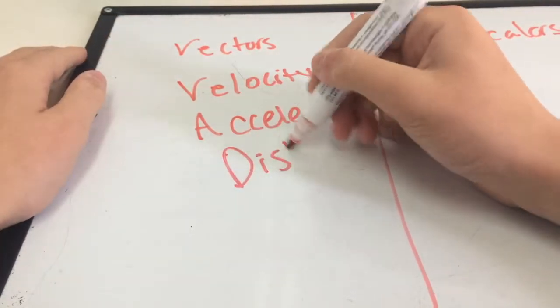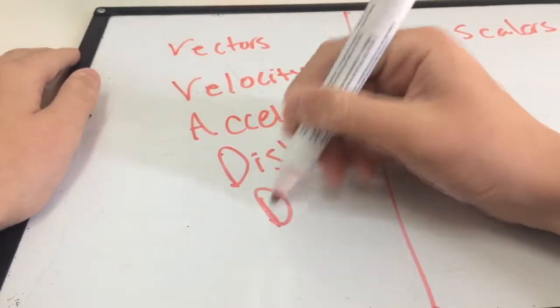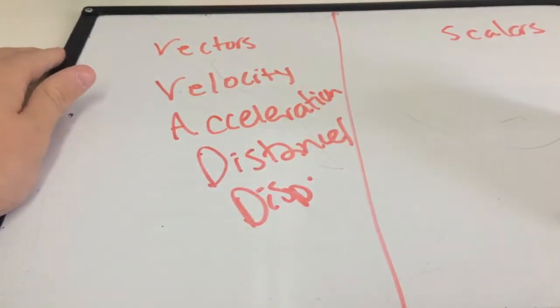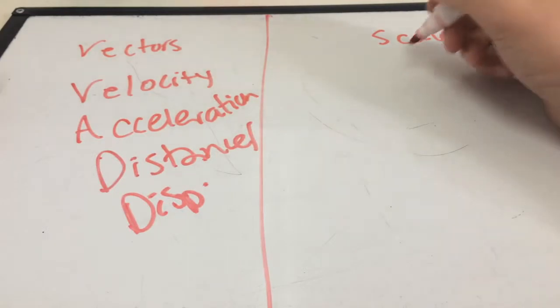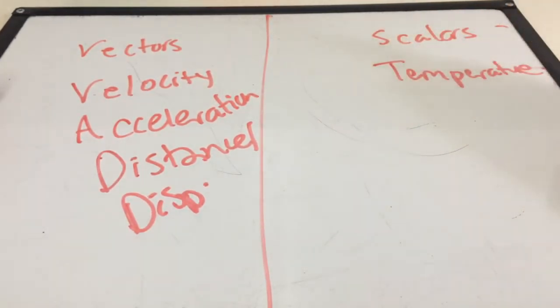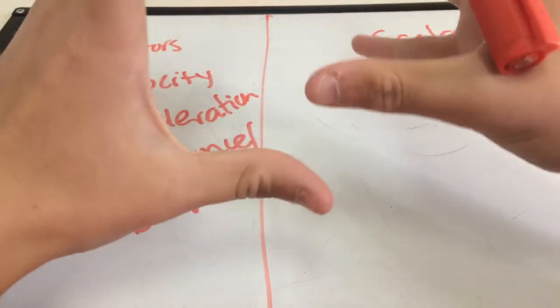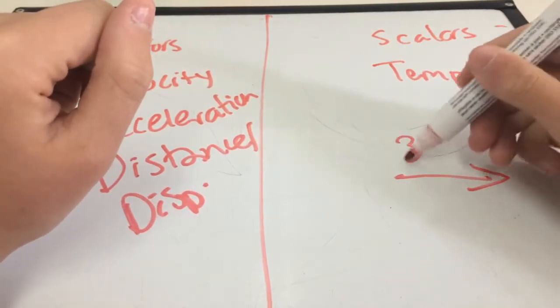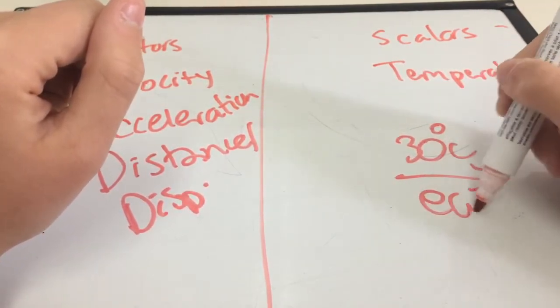Velocity, acceleration, distance, displacement. For some scalars, we have stuff like temperature. Temperature's a scalar. You're not going to say you're at 30 degrees Celsius east.